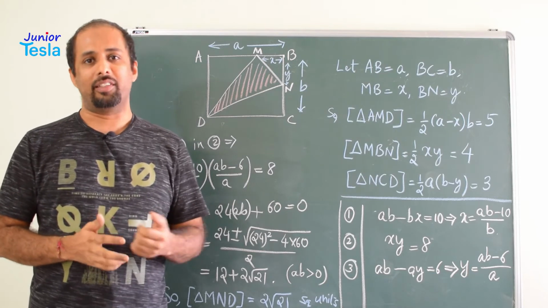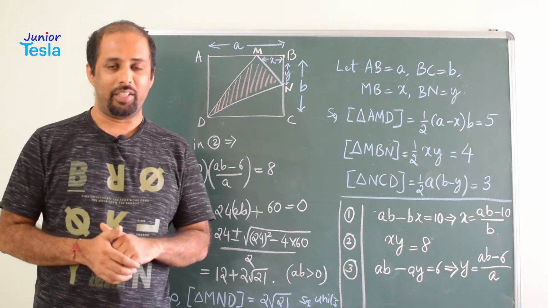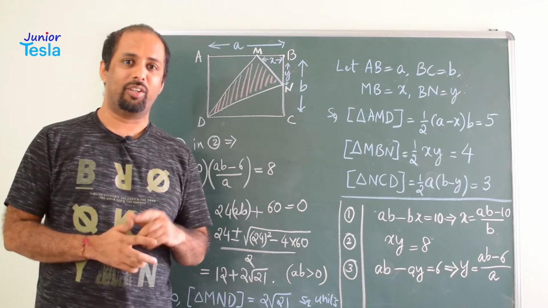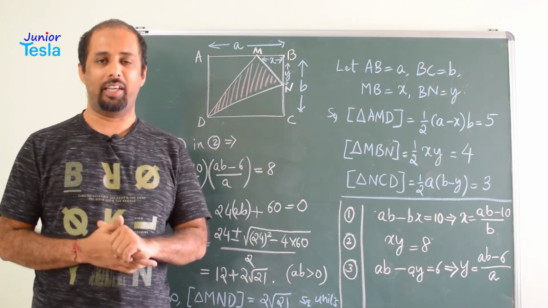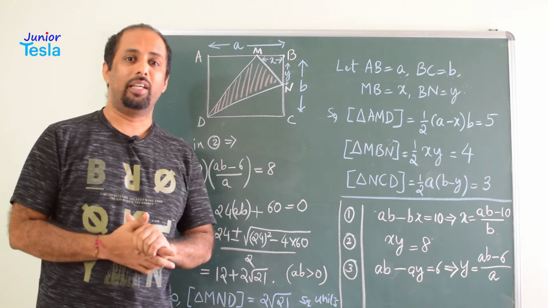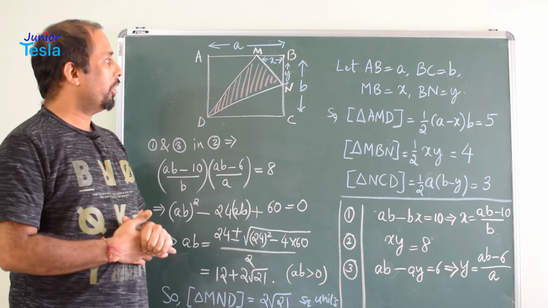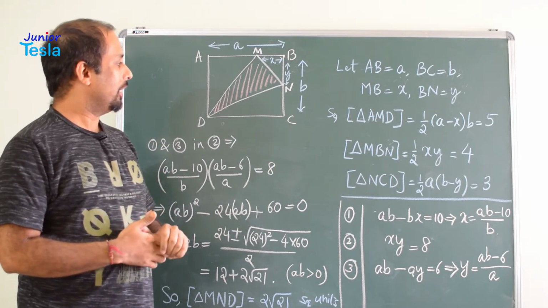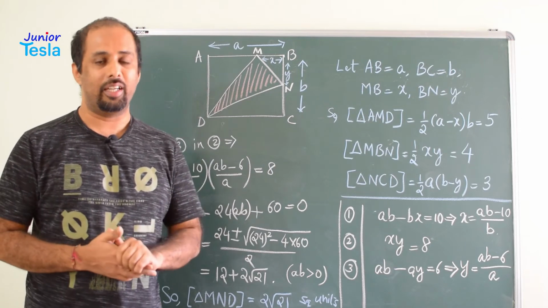The problem goes like this. There is a rectangle ABCD and there are 2 points M and N on two sides of this rectangle, AB and BC respectively. Then the points M and N are connected, and the points M and N are connected to the vertex D as well.